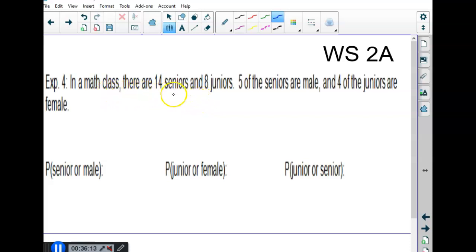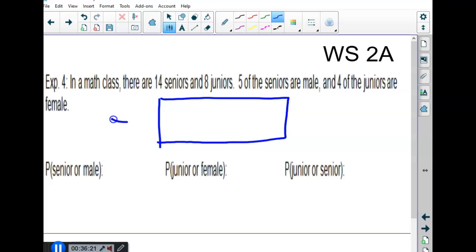In a math class, there are 14 seniors and 8 juniors. Okay. This is one that I think might be helpful to have a table. So we have juniors and seniors, and again with the gender stuff, but we're going to go male and female.